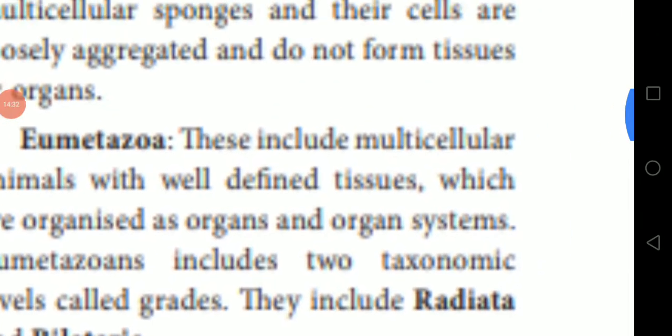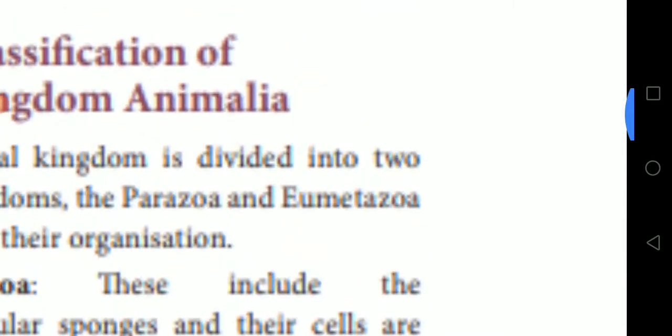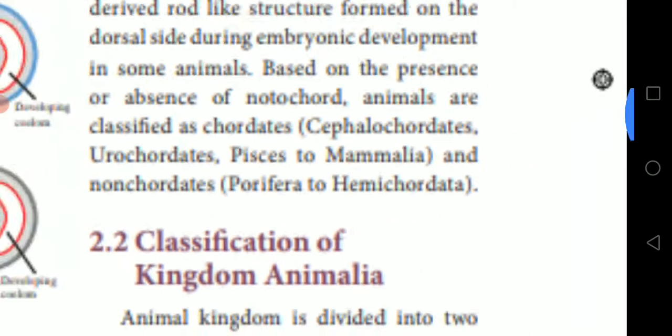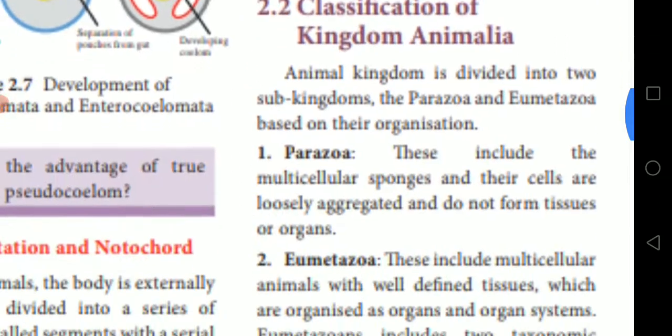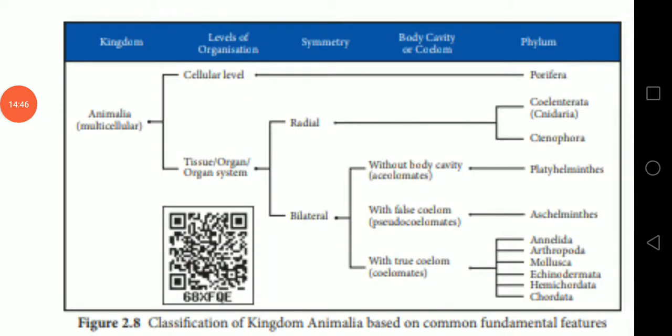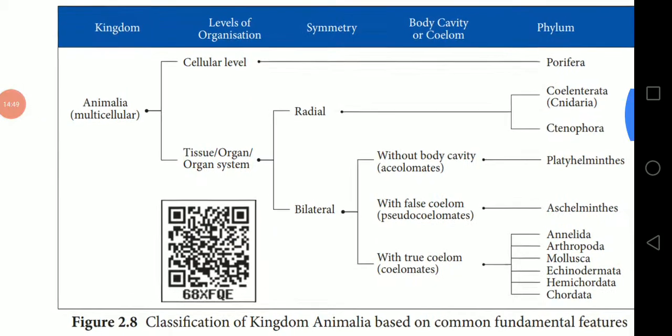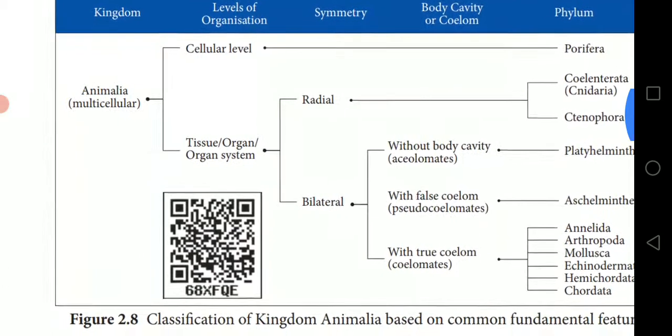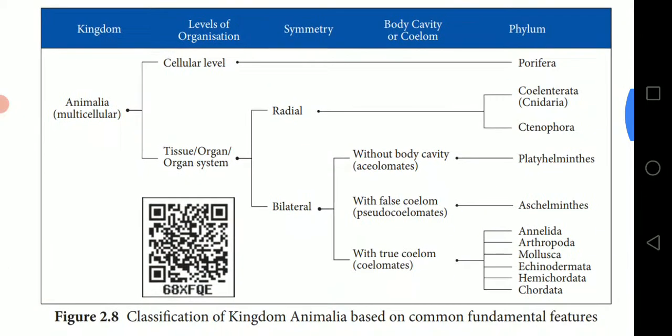Eumetazoa includes two taxonomical levels called grades. They include Radiata and Bilateria. We'll see what is Radiata. Okay, then what is Bilateria?